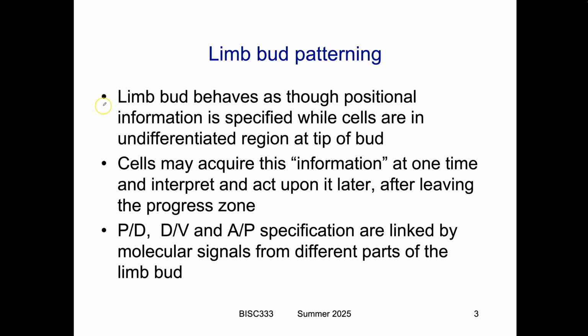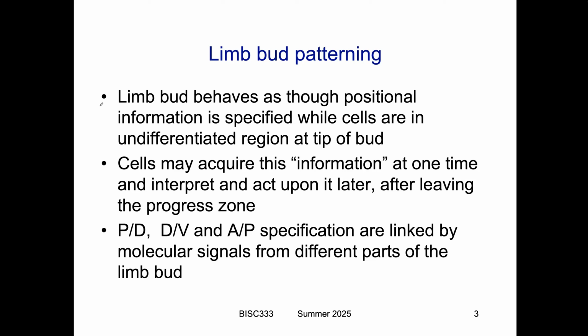Okay, and so limb bud patterning. If you look at the kinds of experiments, you can think about what we talked about in a previous class, which was the removal of the apical ectodermal ridge. If you take that out, you stop further outgrowth of the limb bud, and then whatever has taken place, that's what you see.